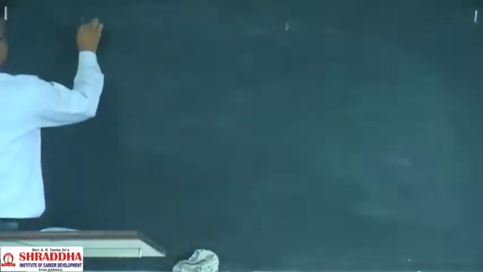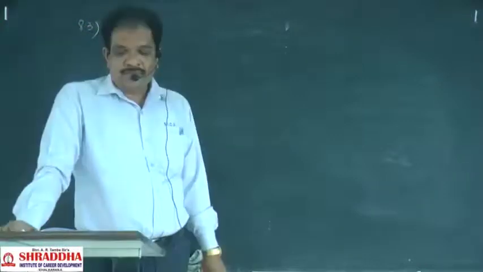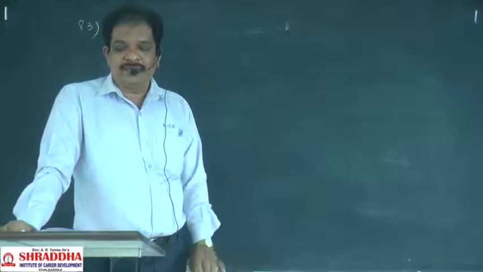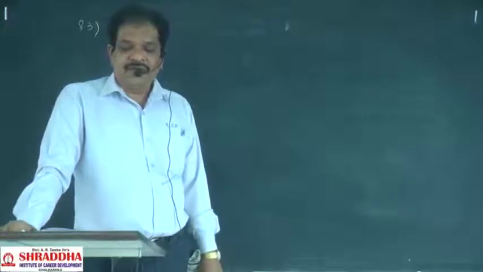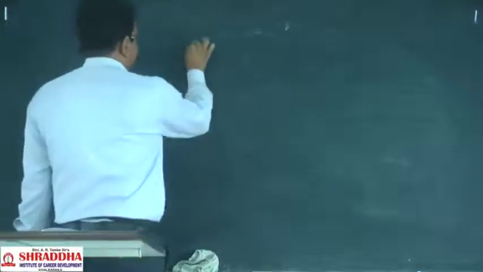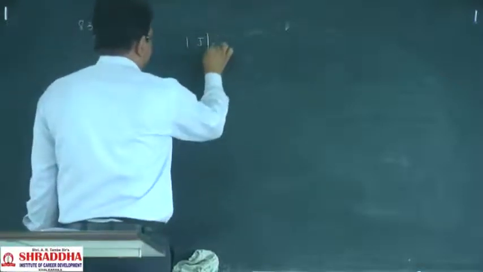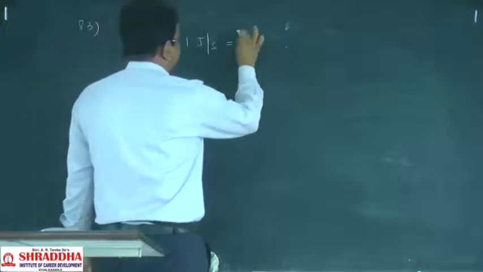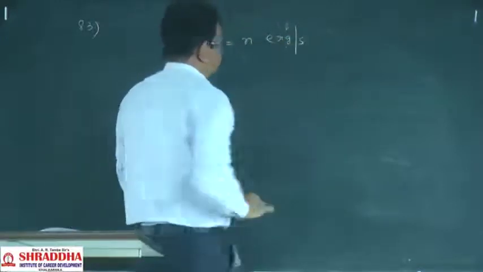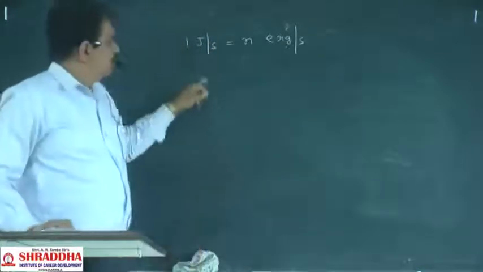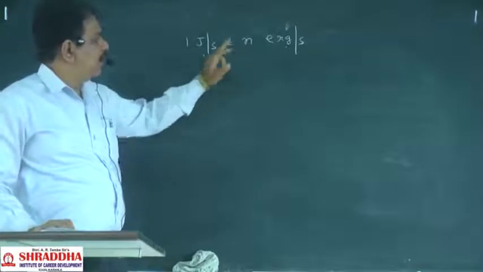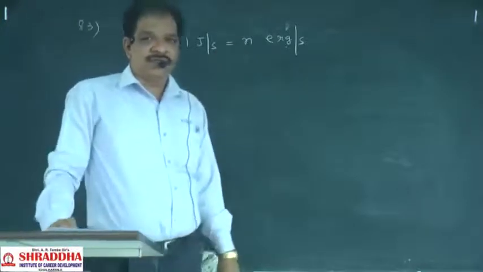83. 1 joule per second is equal to n erg per second. N value is how much? What is the relation between, what is this n value they are asking?